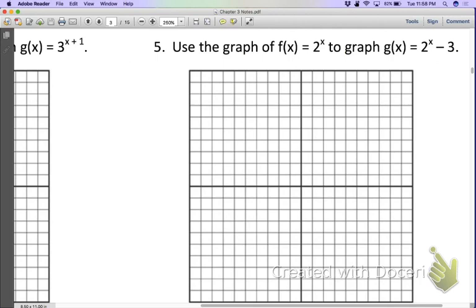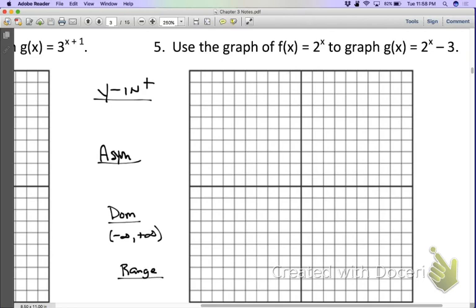Now, I'm going to call this one good. This one is number 5: 2 to the x power minus 3. Y-intercept, my asymptote, my domain: negative infinity, positive infinity, and then my range. Now this one does have a k value, so my asymptote is going to be at y equals negative 3.